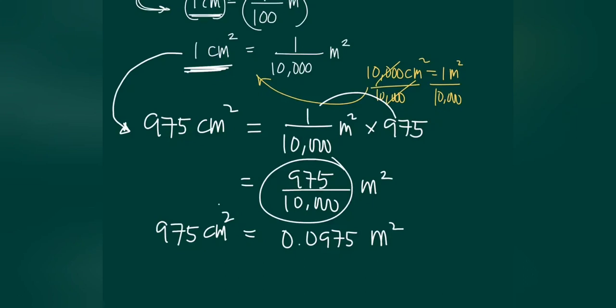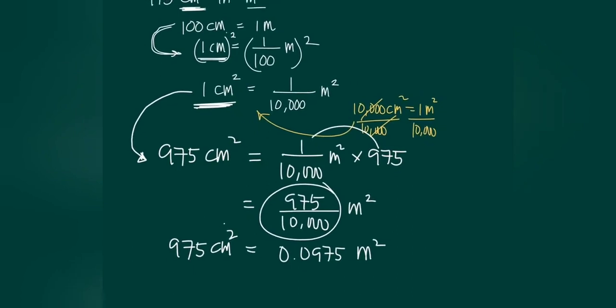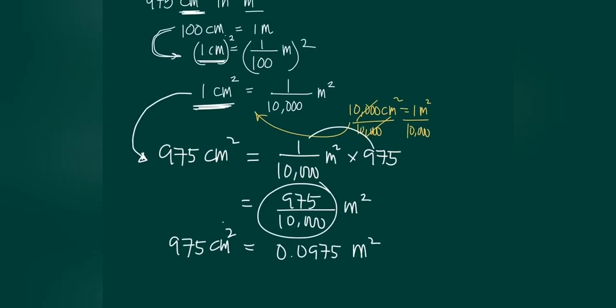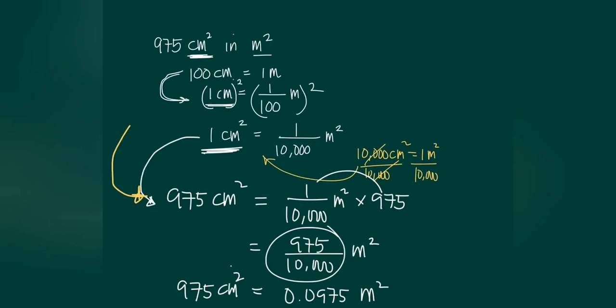So how to go about this? Some people will be able to do this directly if they know the conversion that 10,000 cm squared is equal to 1 m squared. But just in case you cannot remember these equivalent values, you can always create them by performing this.